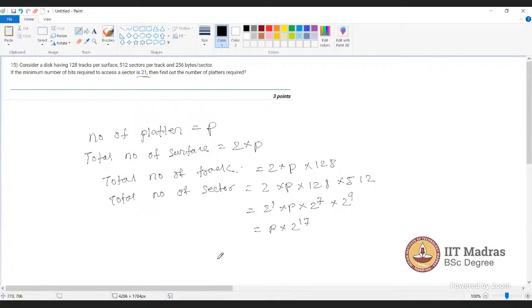So we can say that 2 to the power 21 equals P into 2 to the power 17. So P will be 2 to the power 4. So the answer will be 16. Everyone got it? Basically, here the total number of sectors will be 2 to the power n, where n is the number of bits.